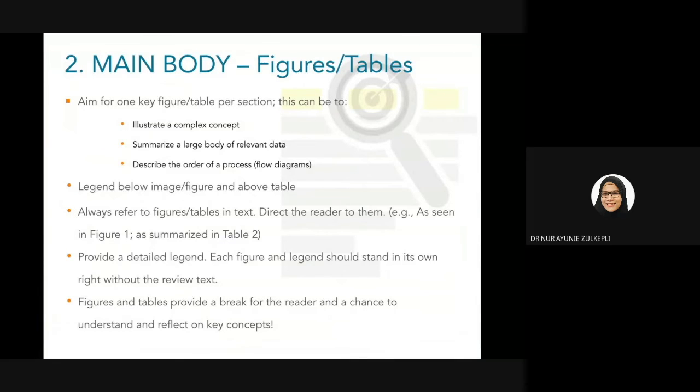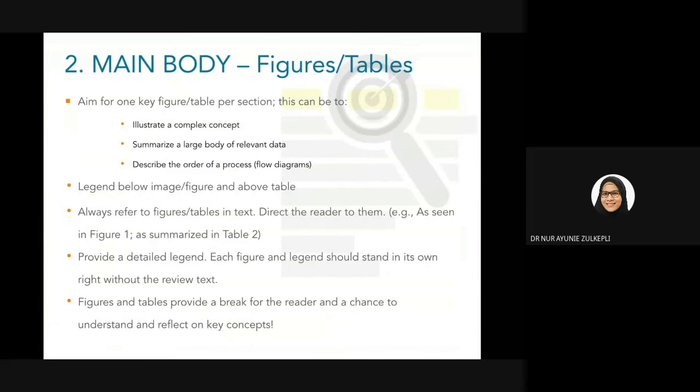When you put a figure or table in, you need to direct the reader to it in the text instead of just putting it standalone without explaining what the table actually is. So you should mention, as seen in Table 1 or Figure 1, or as summarized in Table 2, something like that. Some students, I notice, just put the figure or table without a clear explanation about it.